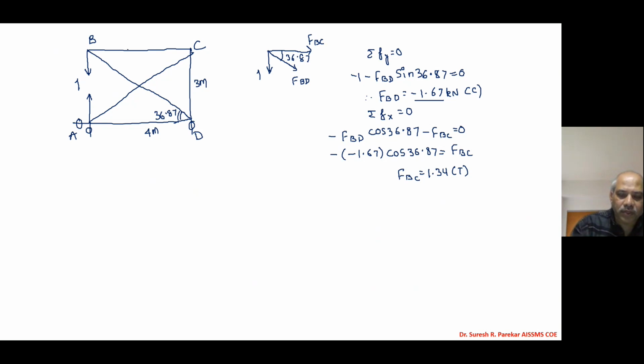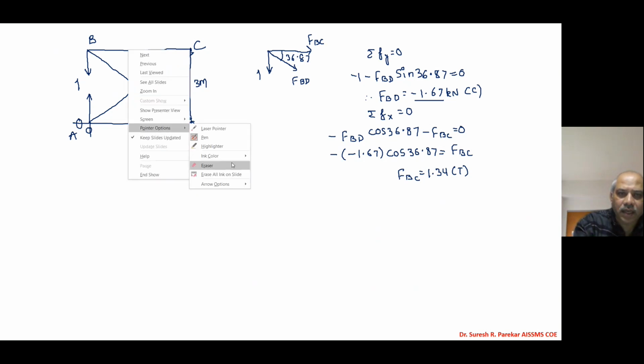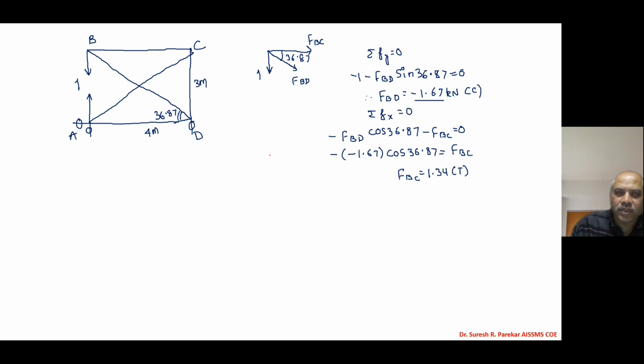Then we can have the forces. We will now use another color, and we have force in member BC. So in BC we have 1.34. And in BD we have compression, and that is 1.67.